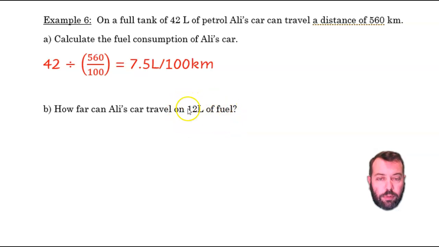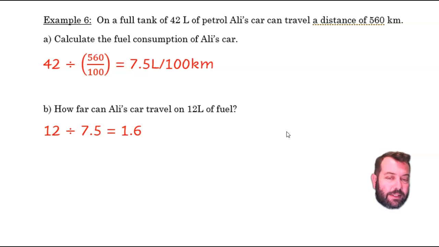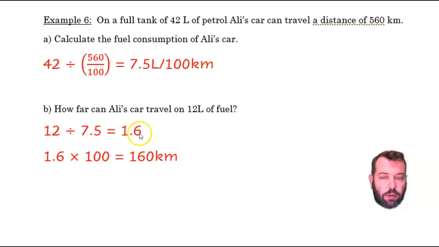I know the litres, so I divide 12 by this rate here. 12 divided by 7.5 gives us 1.6, but remember, these calculations give us hundreds of kilometres. So Ali can drive 1.6 hundred kilometres, multiply that by 100, I get 160 kilometres is how far Ali can drive on 12 litres of fuel.